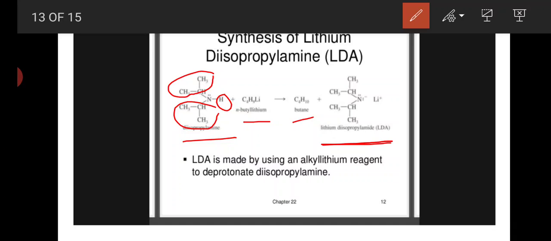Here this hydrogen is replaced by lithium to form LDA. LDA is made by using an alkyl lithium reagent to deprotonate diisopropylamine. The reagent is alkyl lithium, and this is a deprotonation reaction. Deprotonation occurs at diisopropylamine.